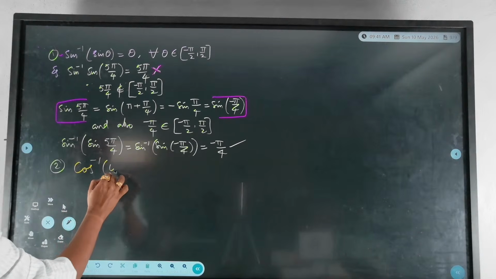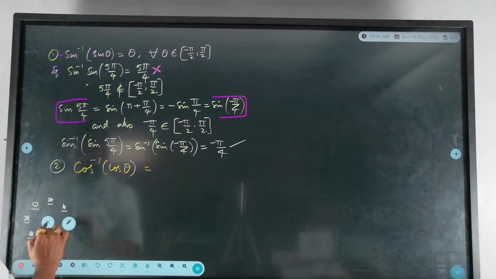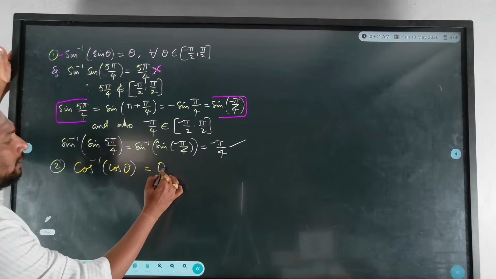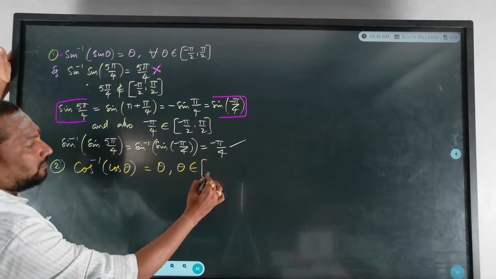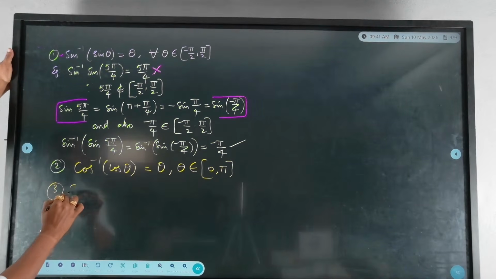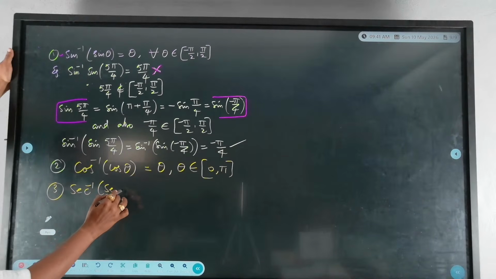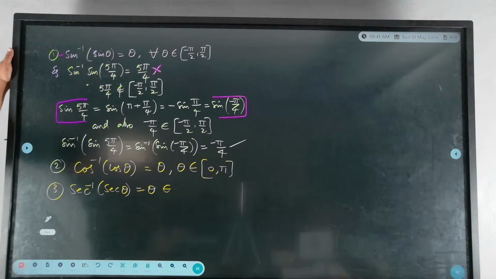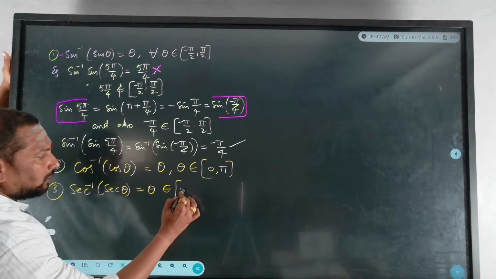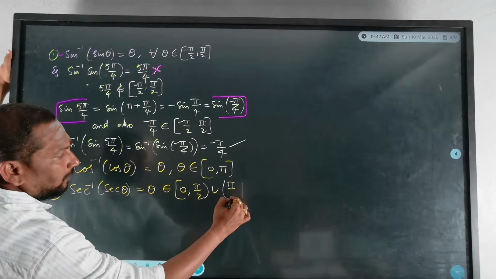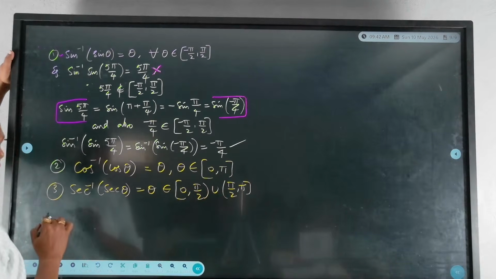Cos inverse cos theta equals theta for all theta belonging to 0 to pi. Secant inverse secant theta, theta belongs to closed 0 to open pi by 2 union open pi by 2 to closed pi.